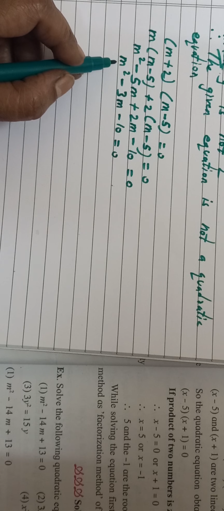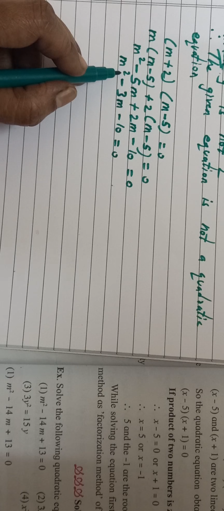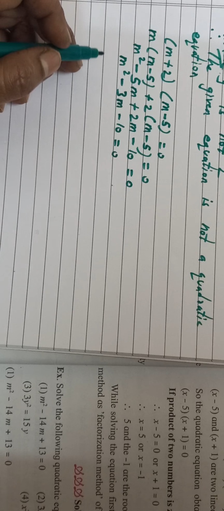Now here if you see, m is the only variable and maximum index is 2. So this is a quadratic equation.